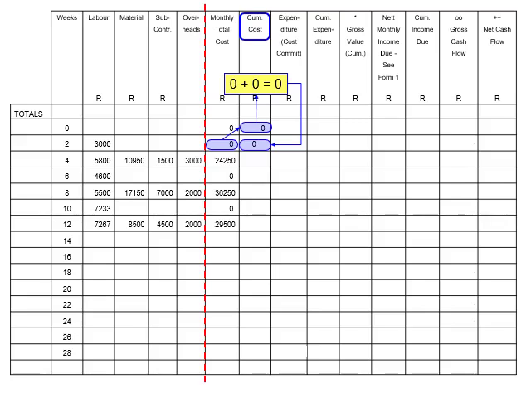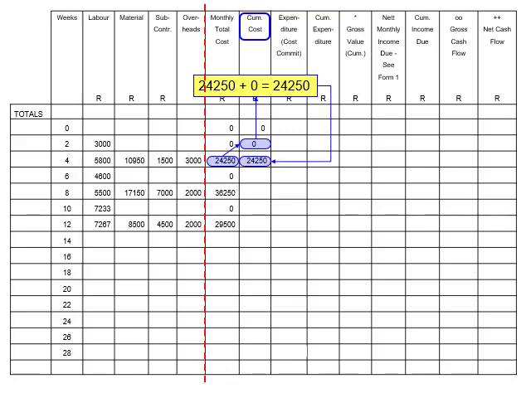Here, we shall perform the same calculation, but just move down one row for each amount being considered. Thus, you will observe that the monthly total cost for week 4 is 24,250 Rand, and the preceding cumulated amount is 0. Adding these amounts results in 24,250 Rand. Now, record this amount in the space intersected by week 4, in the cumulated cost column.